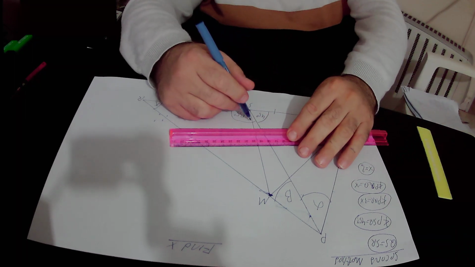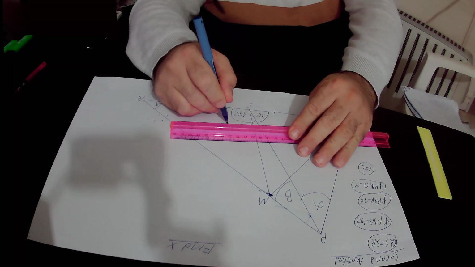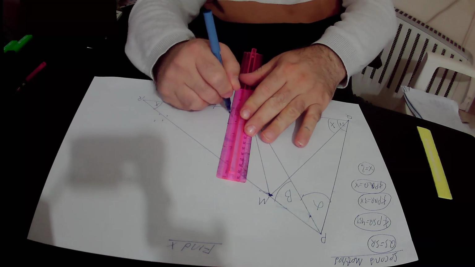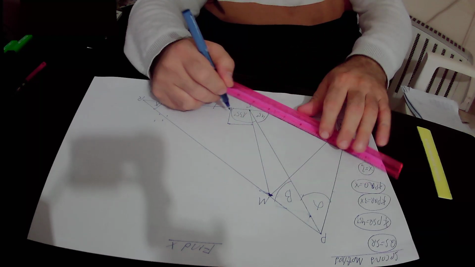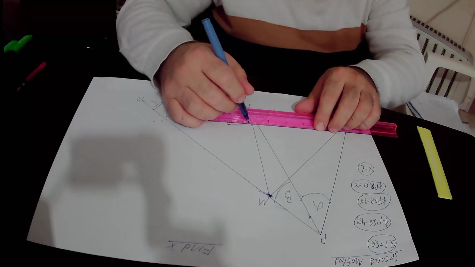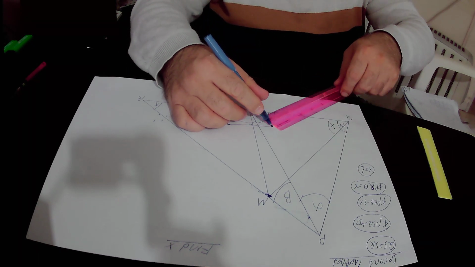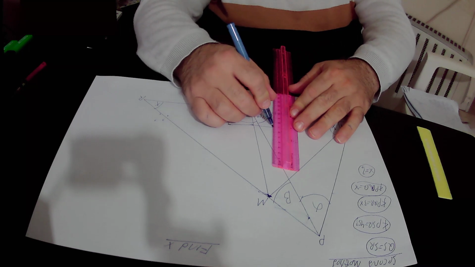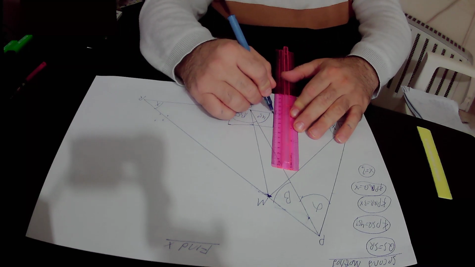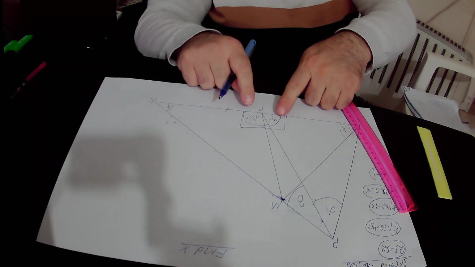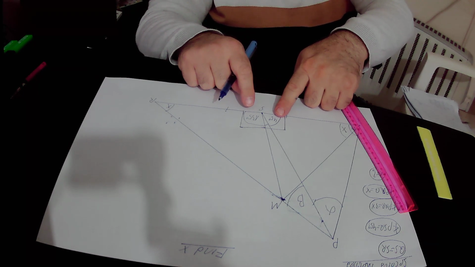That is to say, this angle must be equal to 90 degrees, and this angle also must be equal to 90 degrees, according to rule number 3, that the median to the base in an isosceles triangle is perpendicular to the base. So those two angles are right angles, they are both equal to 90 degrees.